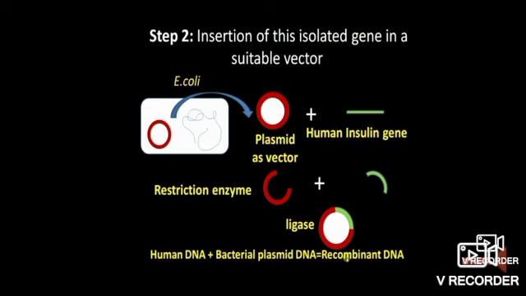Restriction enzymes means what? Restriction enzymes are enzymes that are capable of making internal cuts at specific sites in the DNA molecule. So we also call them molecular scissors, means they are capable of making cuts at specific sites, at definite regions in the DNA molecules.